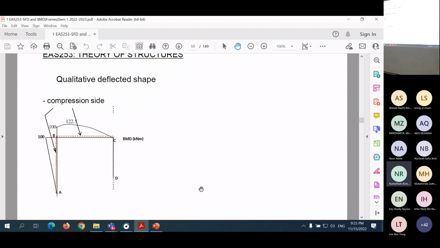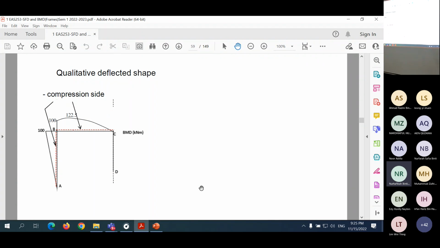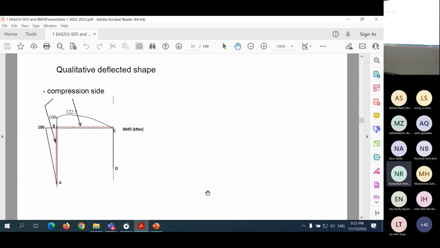Now we draw the qualitative deflected shape. Class, for the qualitative deflected shape, you have to remember it is based on the bending moment diagram. Then you have to know this is a pin support and this is a roller.